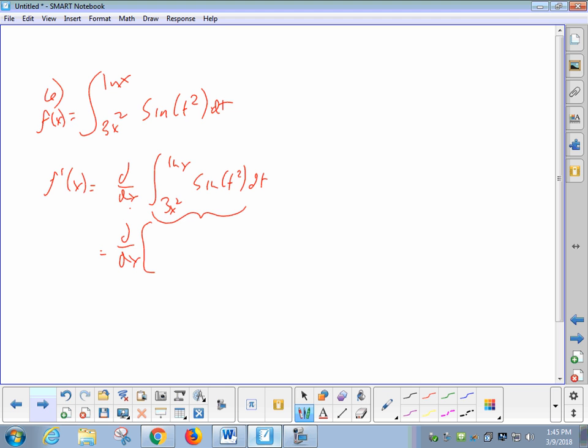When I do an integral, I first find the antiderivative. Technically, this doesn't have an elementary antiderivative, so I'm just going to let capital F represent the antiderivative of whatever. I would take the antiderivative, and then evaluate it at the upper limit and the lower limit, right?